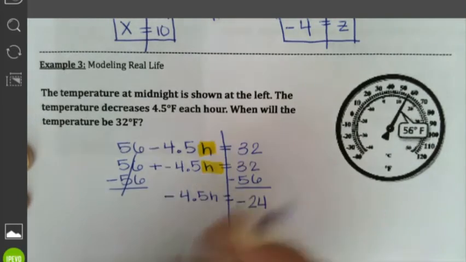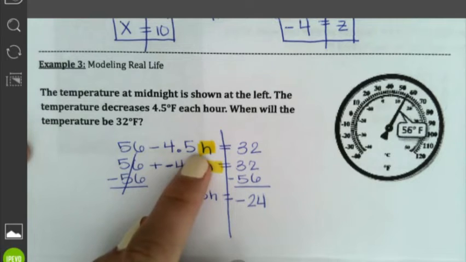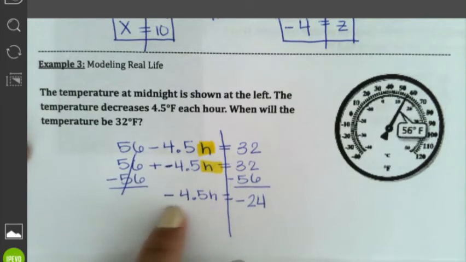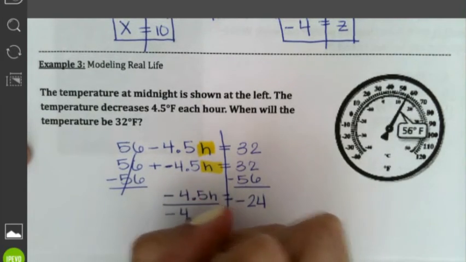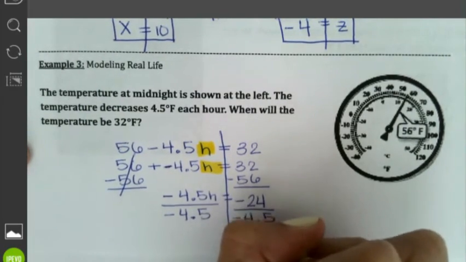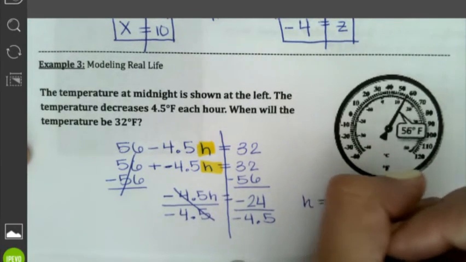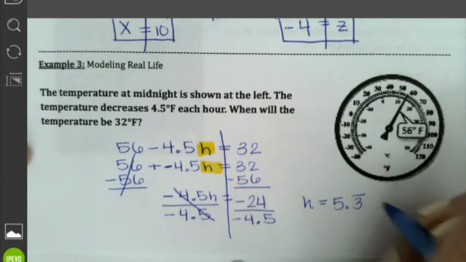Negative, because we did keep change. You might not have recognized that this is taking away 4.5 per hour without having done the keep change. So that's an important thing to just recognize. Last step, we're going to divide by negative 4.5 on each side. That cancels, and this leaves me with h equals 5 and 3 repeating hours.